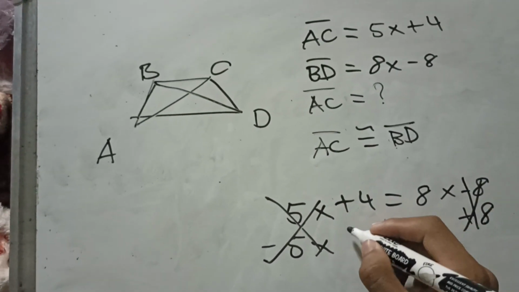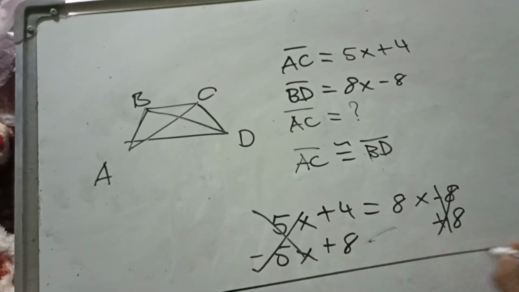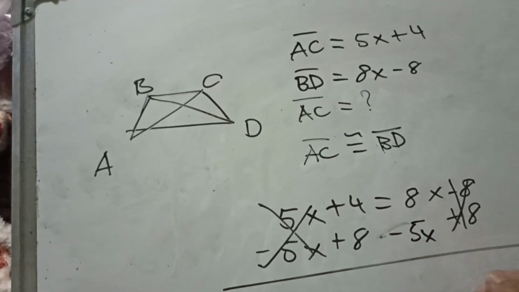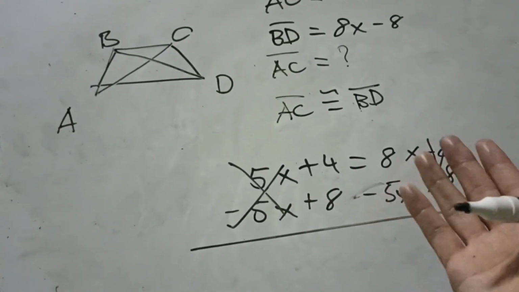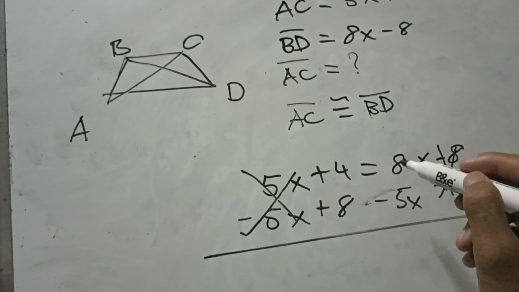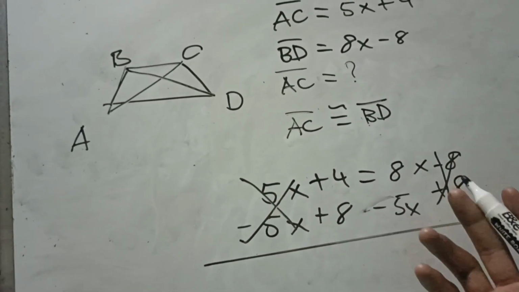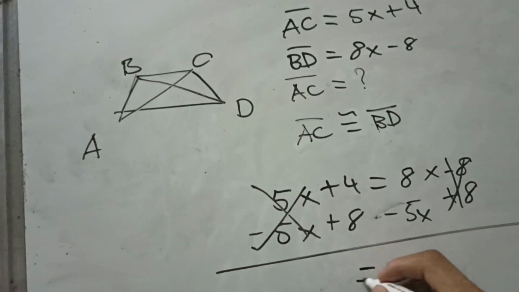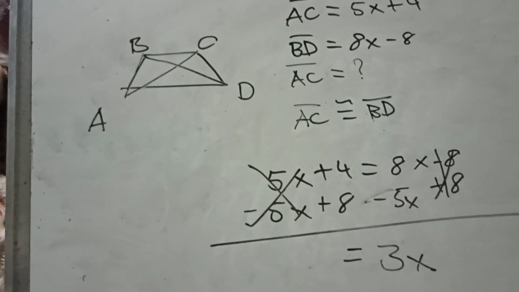Then we also plus 8 here. I forgot, we will also minus 5x to this other side. So positive 8x minus 5x equals 3x. Bring down the equals. 8 plus 4 is equal to 12.